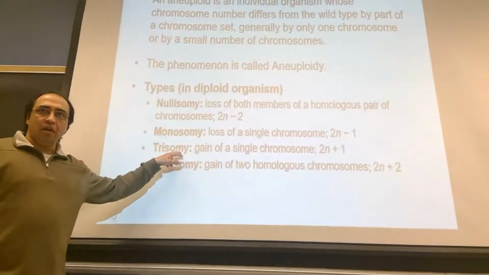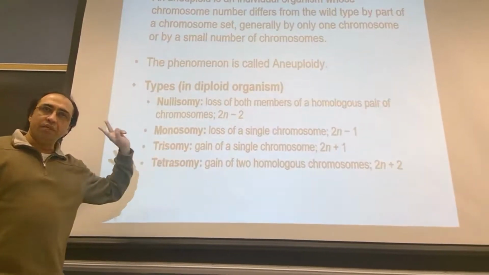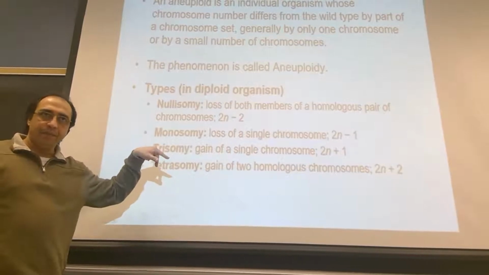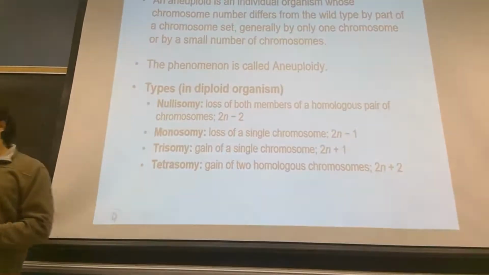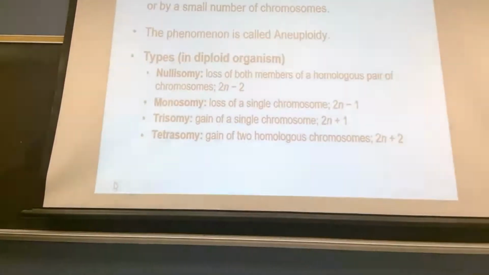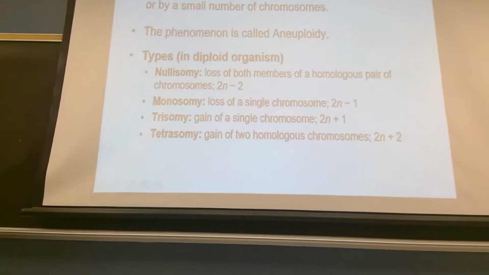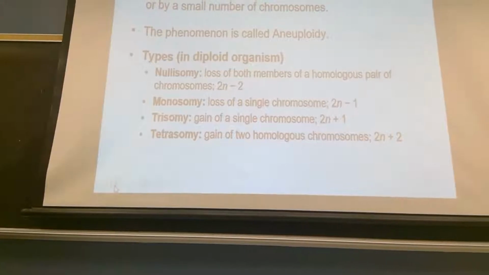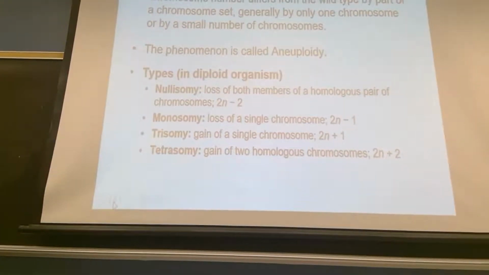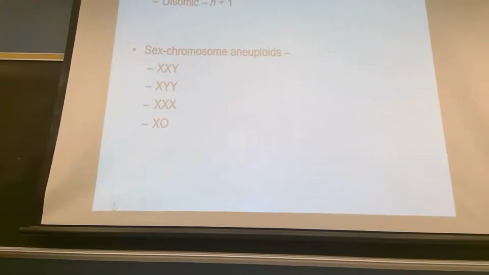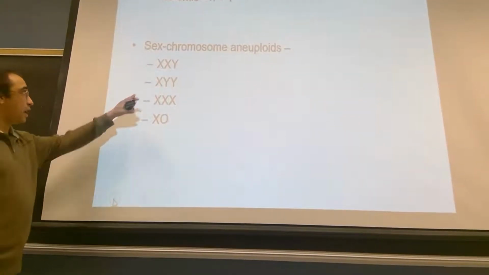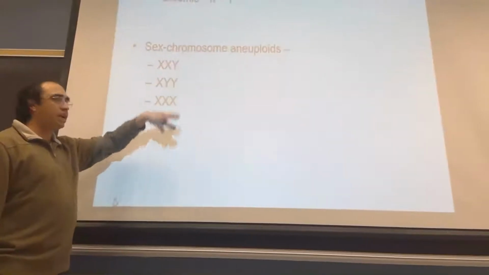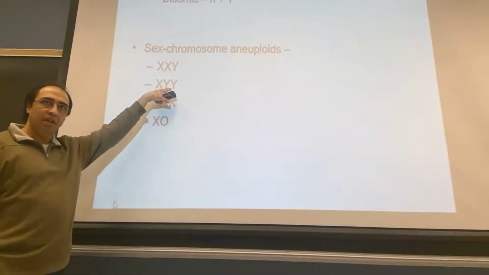Trisomy, gain of one chromosome, Down syndrome. Chromosome number 21 three times. Tetrasomy, generally more, and that is in case of plants. In human XY, super Klinefelter is also there, tetrasomy. So, a couple of sex chromosome aneuploids in human: XXY condition, XYY condition.